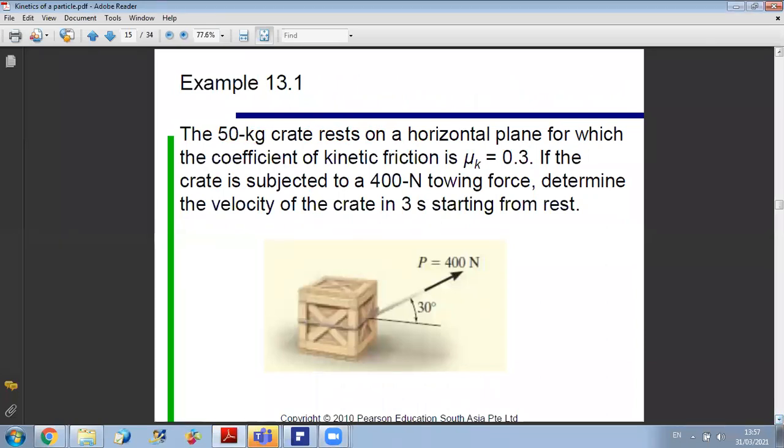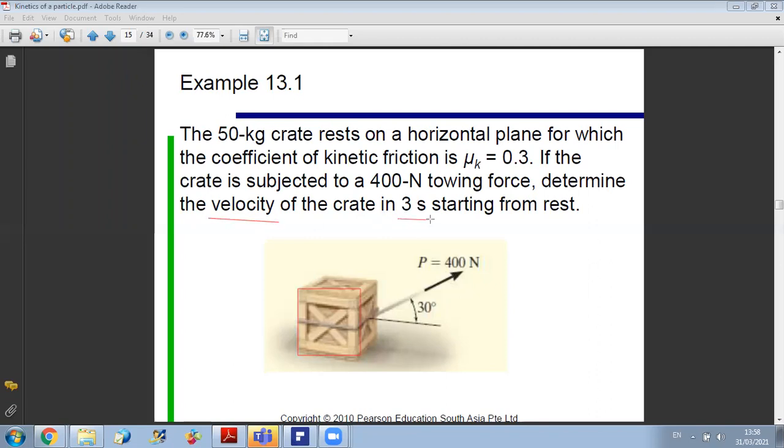The 50-kilogram crate rests on a horizontal plane for which the coefficient of kinetic friction is mu_k equals 0.6. If the crate is subjected to a 400 Newton towing force, determine the velocity of the crate in 3 seconds starting from rest. So here I have a box moving on a horizontal plane, and I want to determine its velocity in 3 seconds.